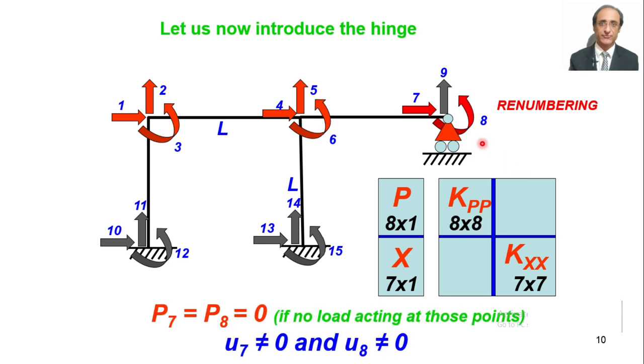Now, P7 and P8 are 0 because apparently there is no load acting as of now. However, after inputting all the values, when we solve, in the end we'll get all the displacements. Loads being 0 does not imply that the corresponding displacements are also 0. They would have some values.